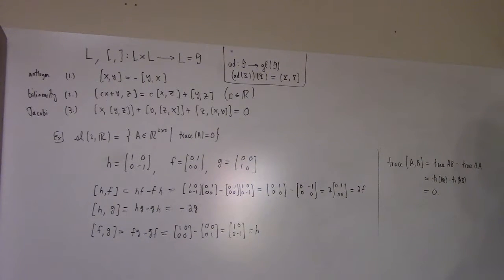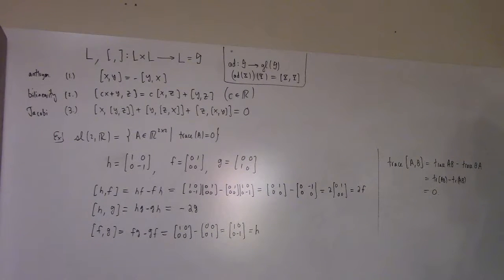So yeah, the commutator is traceless. In fact, I don't think that even matters. I didn't even use that the trace of A and the trace of B are 0 here either. Right? Yeah.